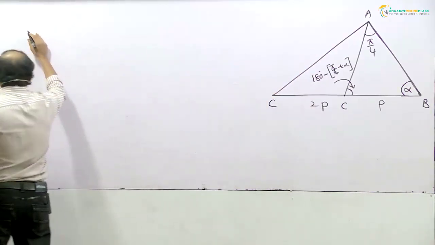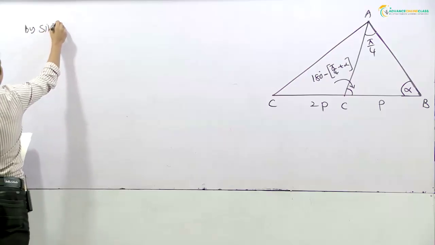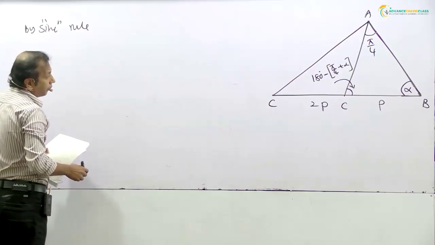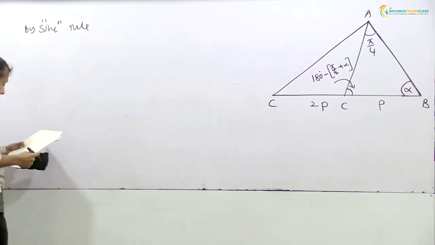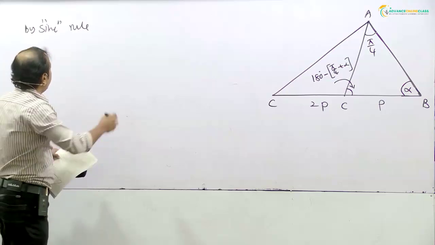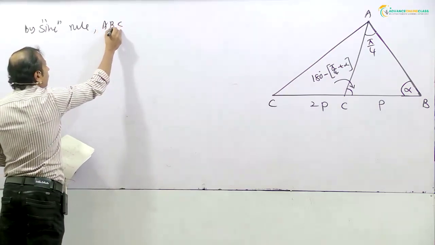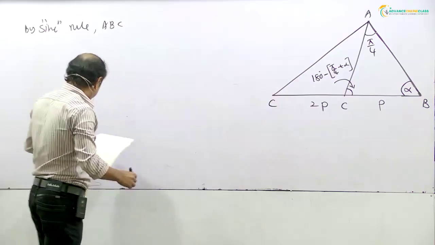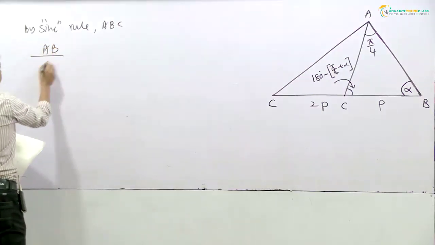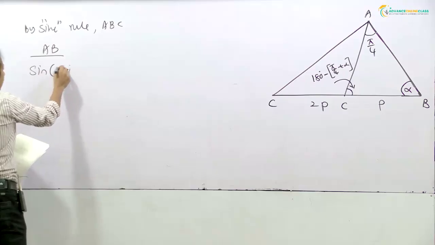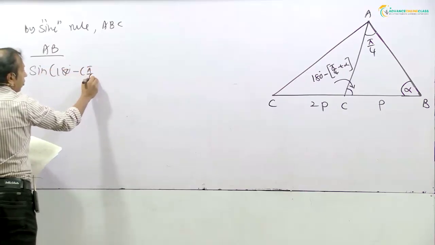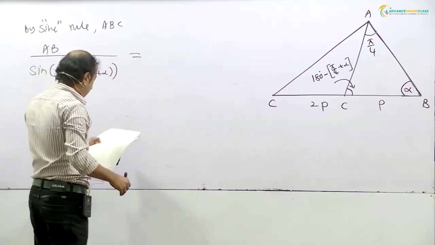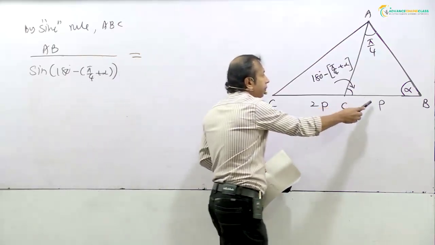By sine rule, to triangle ABC we apply this: AB over sine of 180 minus pi by 4 plus alpha, and p over sine pi by 4.